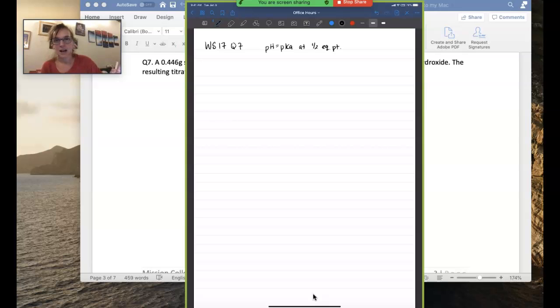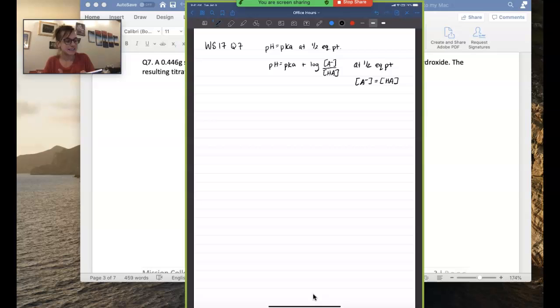That actually comes from the Henderson-Hasselbalch equation: pH is equal to pKa plus the log of the conjugate base of the weak acid over the weak acid. So when you are at the half equivalence point, the concentration of the conjugate base is equal to the concentration of the acid.